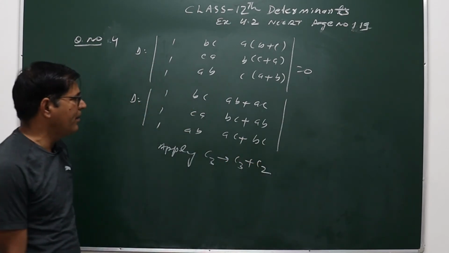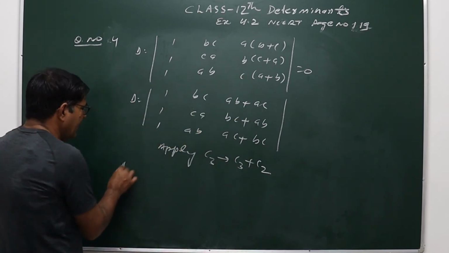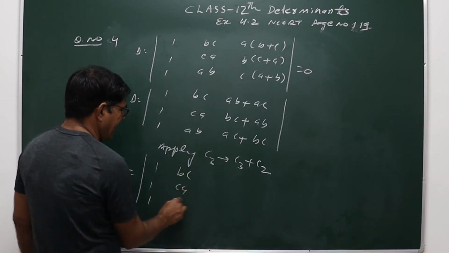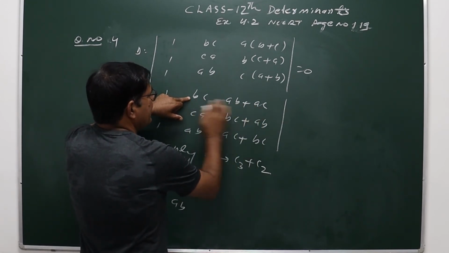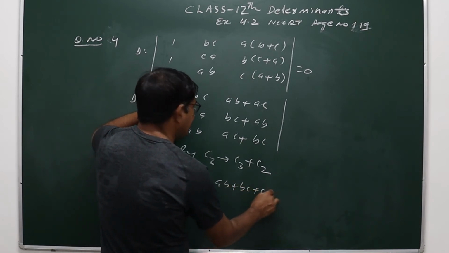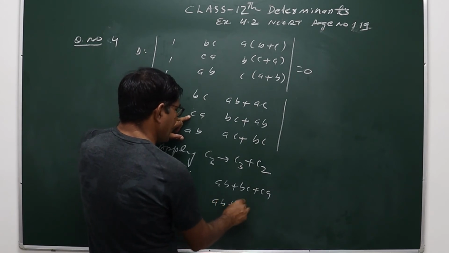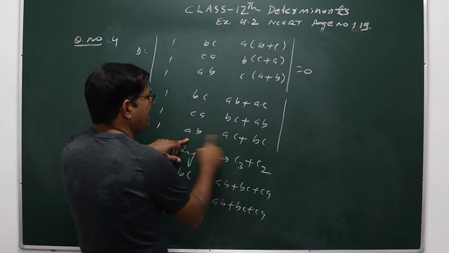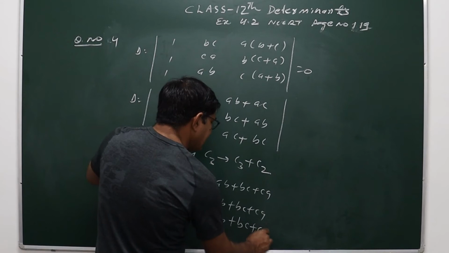If I add column third and second in place of column third, then the determinant will be 1, 1, 1, BC, CA, AB, and here AB plus BC plus CA, here AB plus BC plus CA, and here also AB plus BC plus CA.